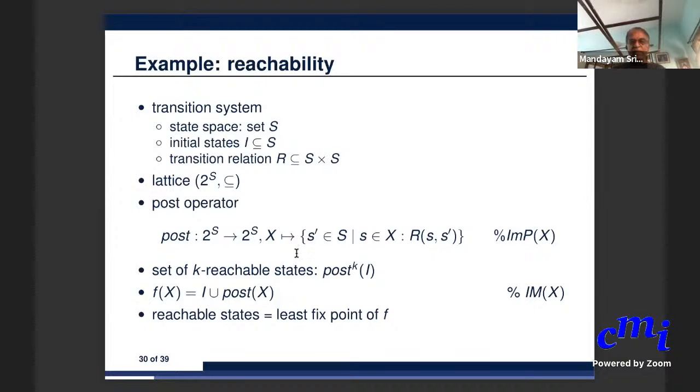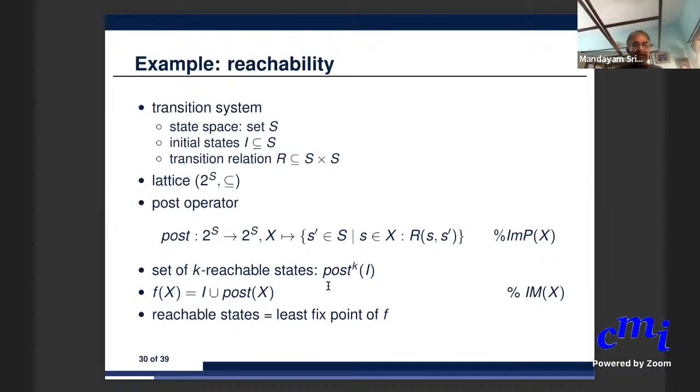First, we define post, which is actually the image function that you saw on your problem set, which computes, given a set X, the image of X under the transition relation R. In the problem set example, we used T instead of R. So post is exactly IMP applied to X.